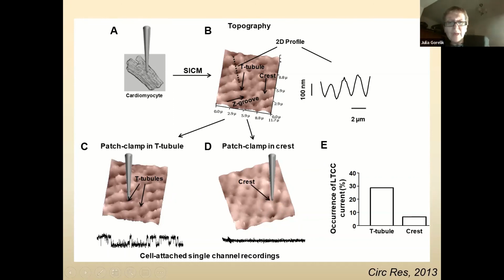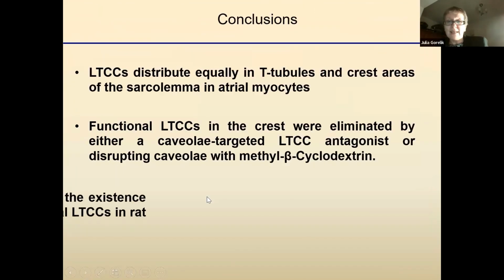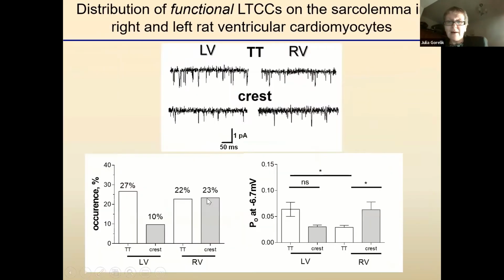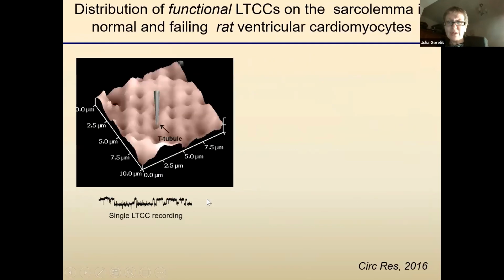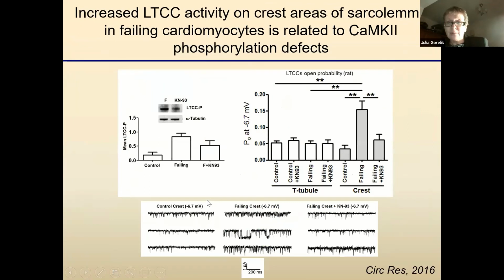And we measure and we record the functional channels. When we see the high open probability of these channels, we try to block these channels with different blockers. And this is the open probability of our channels.